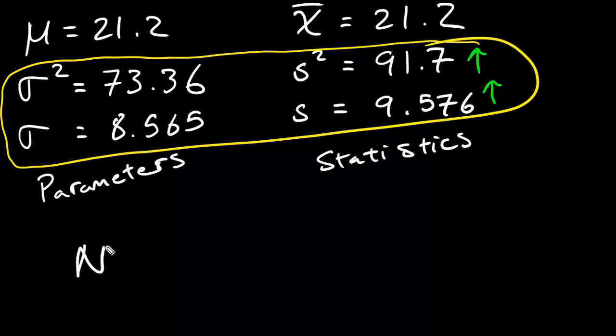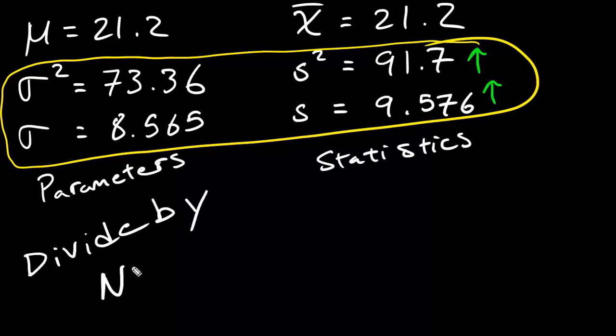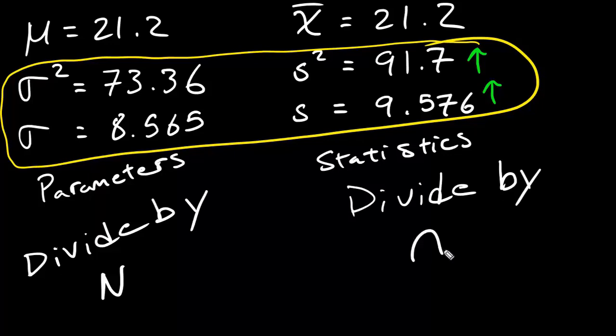The reason for that is because when we are doing that population variance calculation, we divide by n, the total number of observations that we have. When we are doing our statistics, we divide by n minus 1. So this is why we do this.